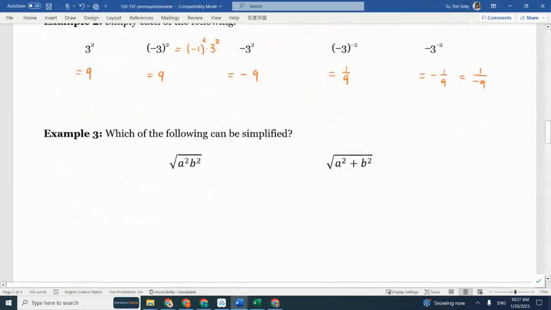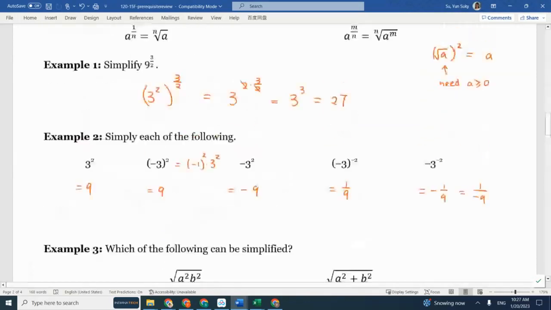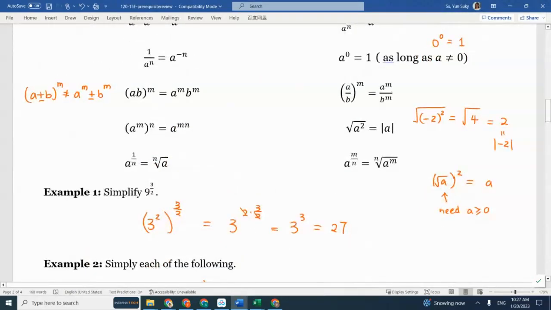Okay, let's keep going. Which of the following can be simplified? A square root is like this expression to the power of 1/2. Do you agree? We can distribute the power if this is multiplication or division.